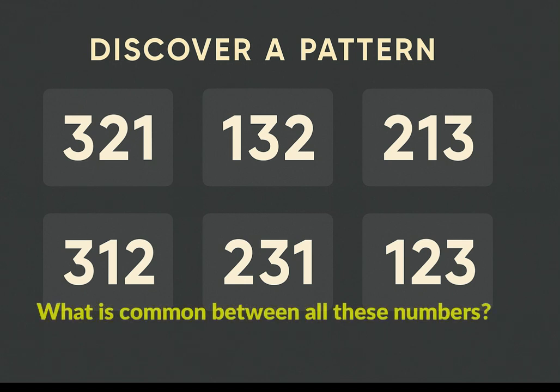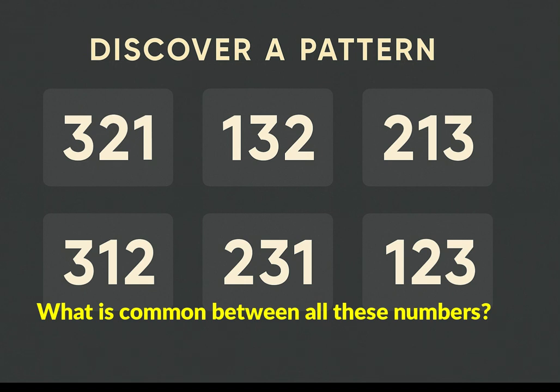Okay, well, let me tell you. If I do the digit sum, that is, if I add all the digits of this number, which is 1, 2, and 3, I get 1 plus 2 plus 3, which is 6. Now, since the digit sum is 6, we know we can divide all these numbers by 3.